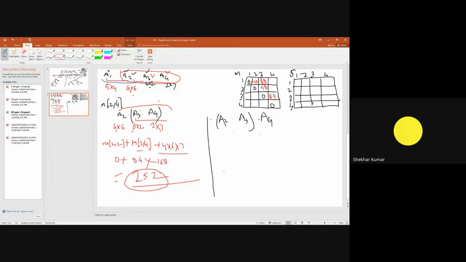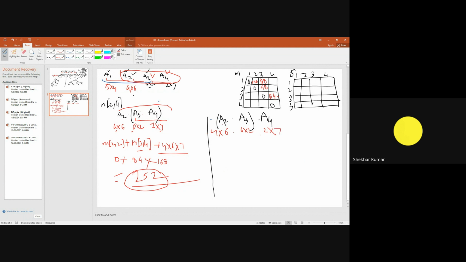Then in the second approach, at first I am multiplying A2 and A3. This is a 4 by 6 matrix, this is a 6 by 2 matrix, and this is a 2 by 7 matrix.